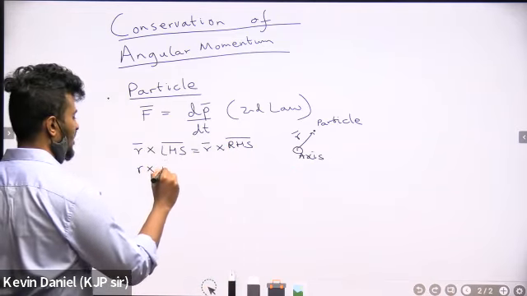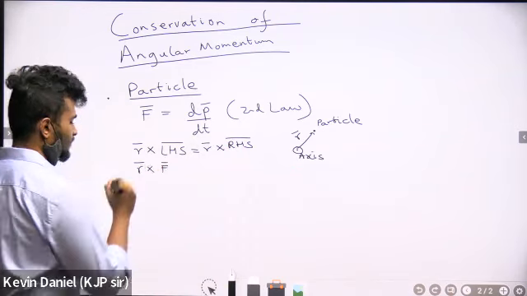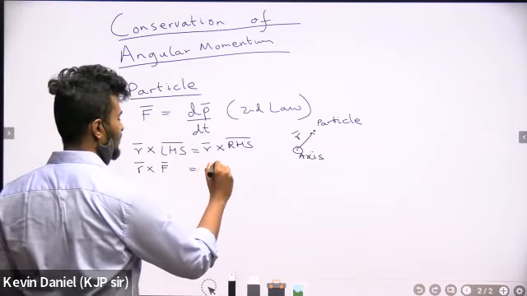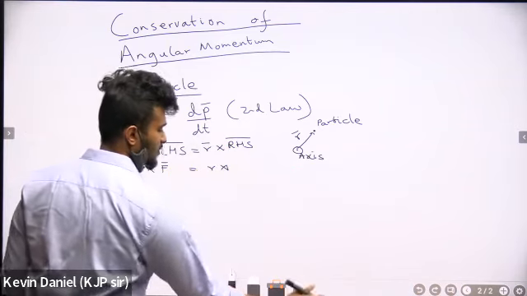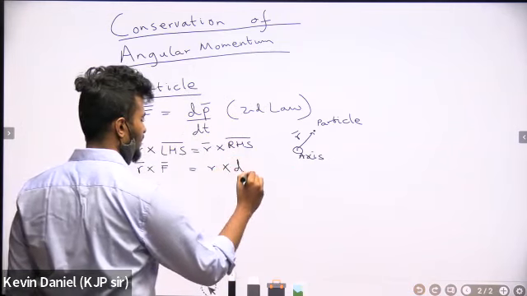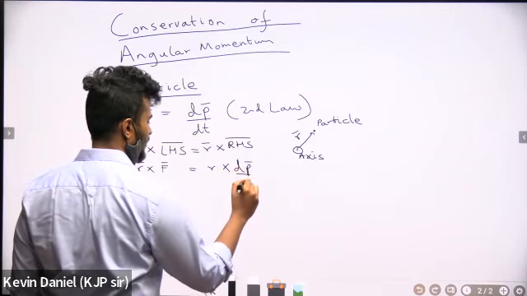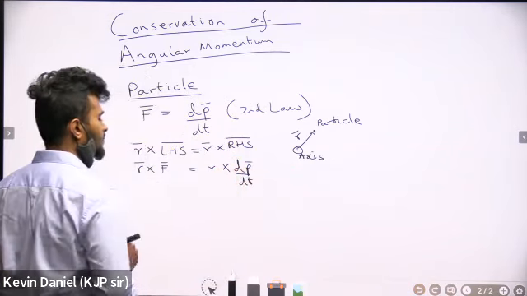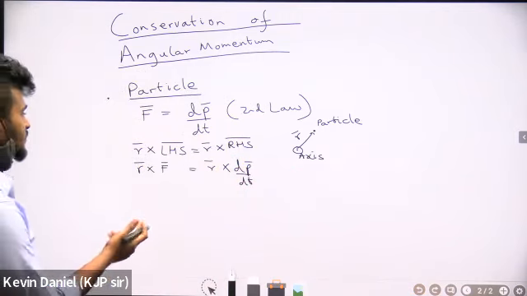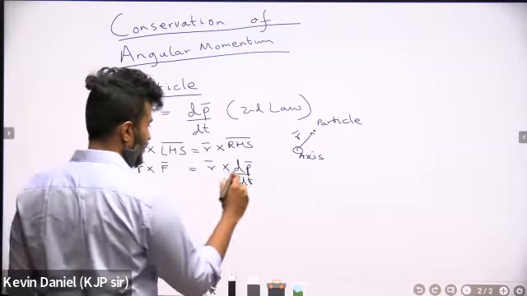That gives me R cross F, right? We know what that is. And on the right hand side, it gives me R cross dP by dt, right?